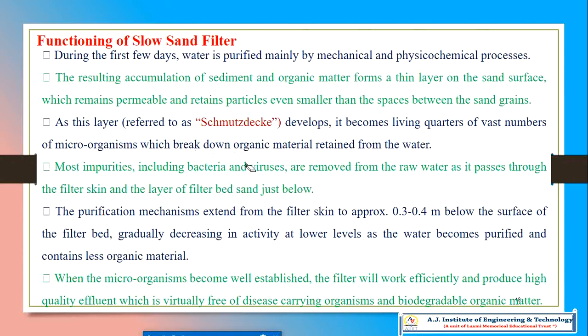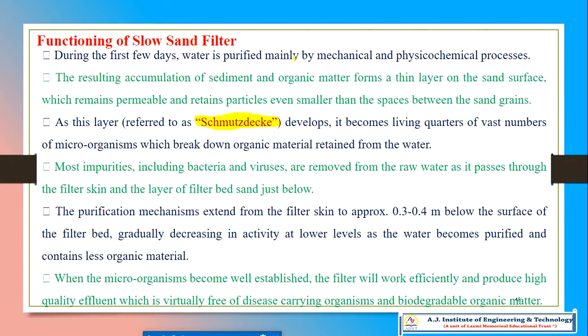Here you can see the schematic, which shows the development of a layer due to microbacteriological action.